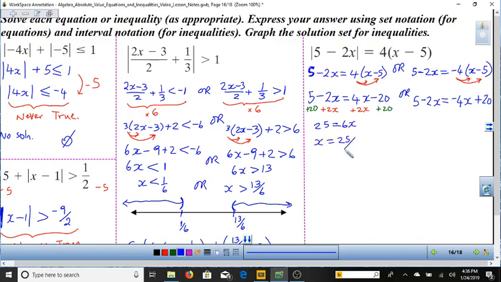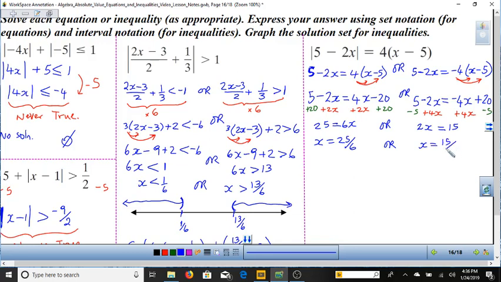And we'll check that in a minute. On the other side, we're going to move the -4x to the left side by adding 4x to both sides, and I'm going to get rid of that -5 by subtracting 5 from both sides. And now that gives me 2x is equal to 15, which means that x is equal to 15 over 2.